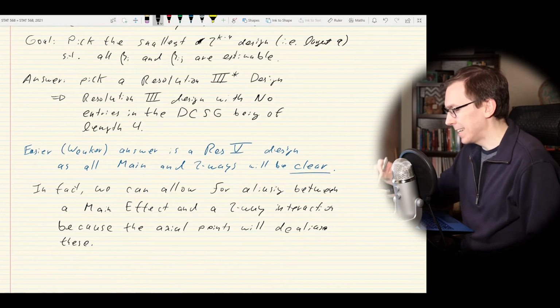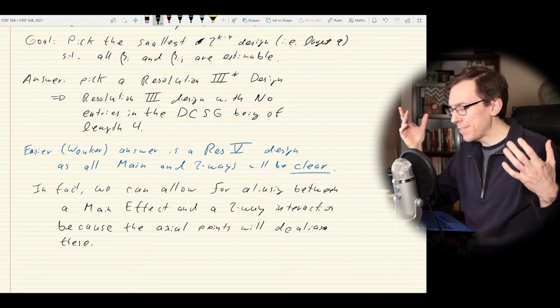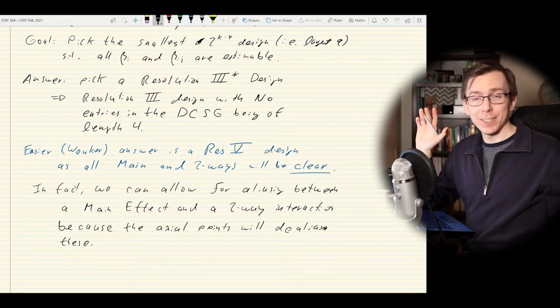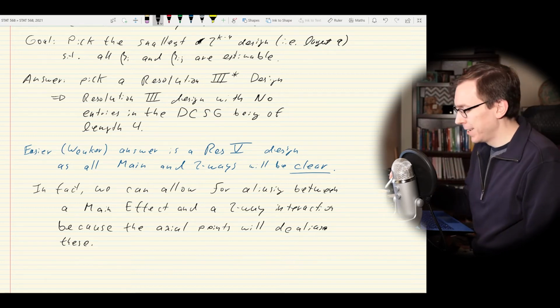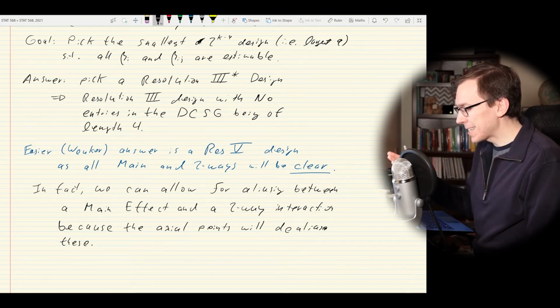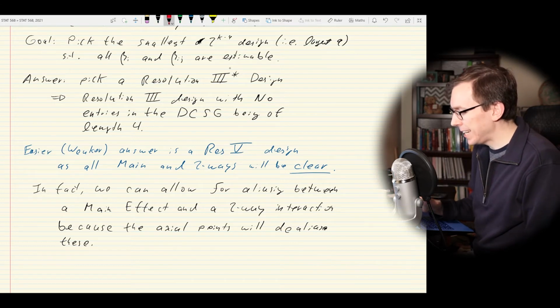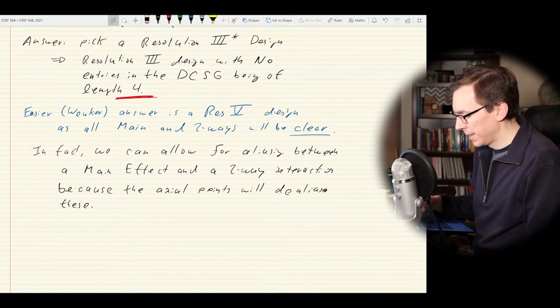At first, the easier or naive answer would say, let's just do a resolution 5 design, but that's too many points. In fact, we can have a resolution 3 design, but with the star, and the star is giving us the key criterion that we can't have any length 4 terms.